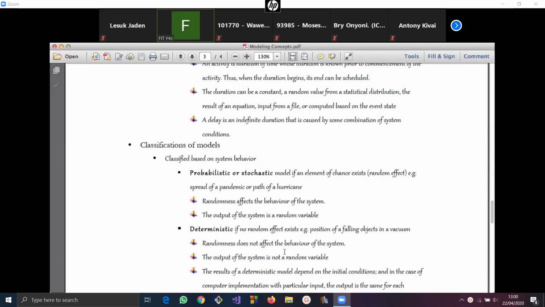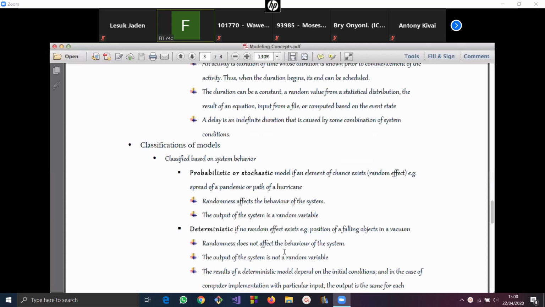For example, the one I talked about, that a customer is coming. We can look at customers coming to a supermarket. You see, you cannot know in 2 hours time how many customers are coming, or in 10 hours time how many are coming. What you know is that they are going to come, but you don't know how they are going to come.